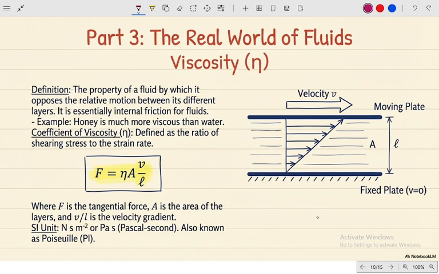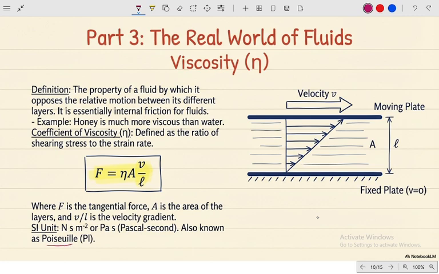The coefficient of viscosity is defined as the ratio of shearing stress to the strain rate. That is, F equals eta A v by L, where F is the tangential force, A is the area of the layers, and v by L is the velocity gradient. The unit is newton second per meter squared, or pascal second, also known as poiseuille. This is the unit of viscosity.